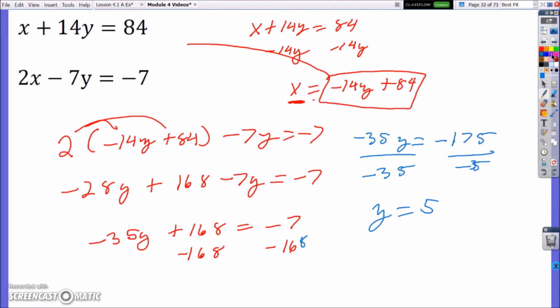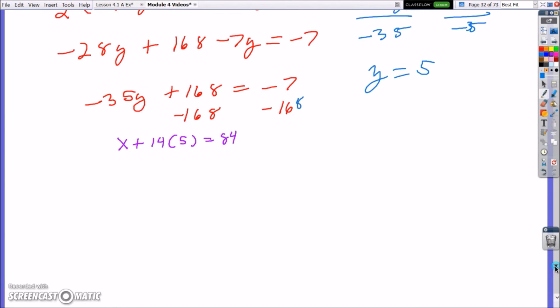So in purple, I'm going to go ahead and write that down: x plus 14, and instead of y, I know what y equals now. It's 5. And now we are going to solve for x. So it's going to be x plus 14 times 5, which is 70, is equal to 84.